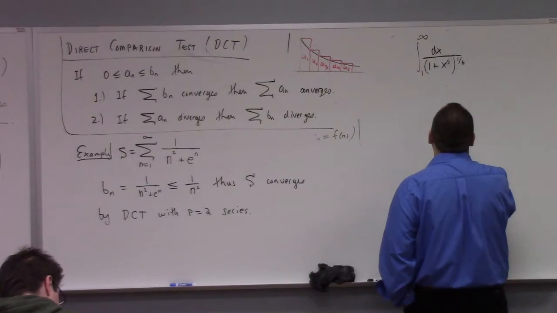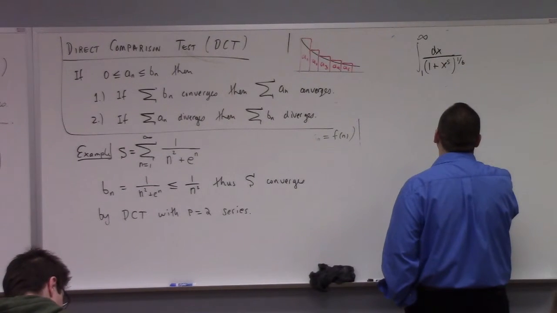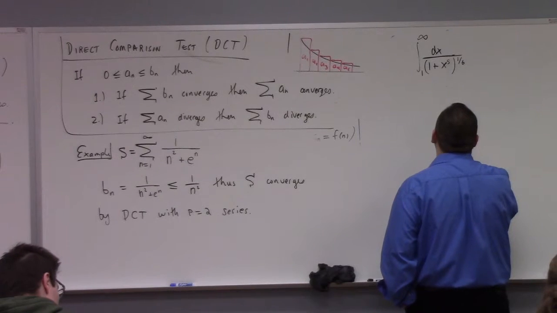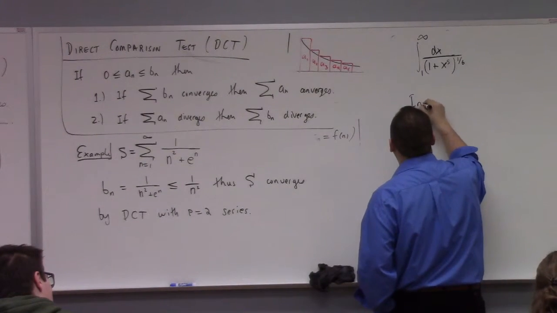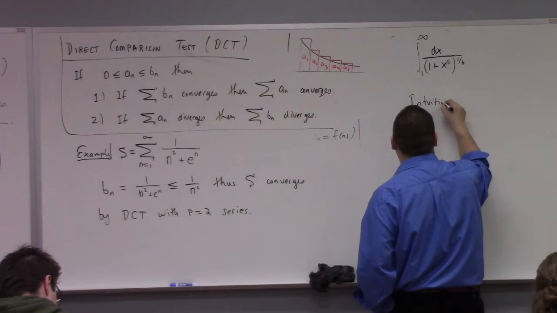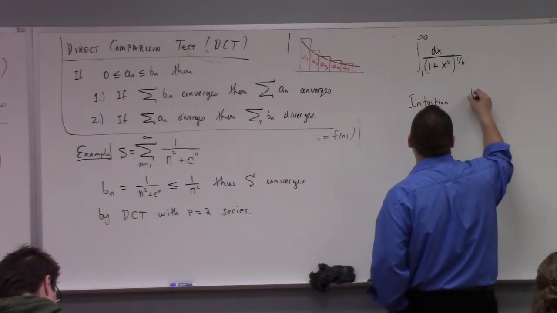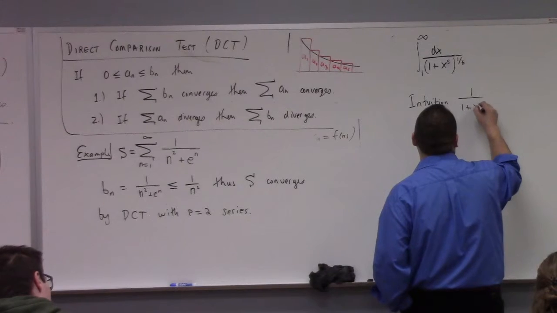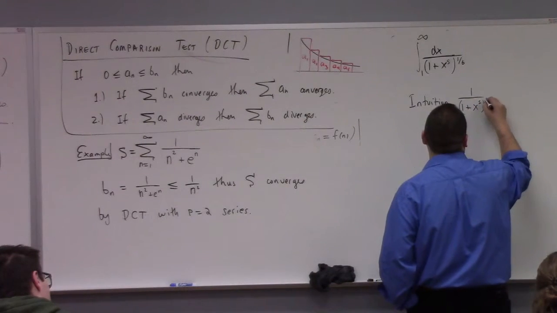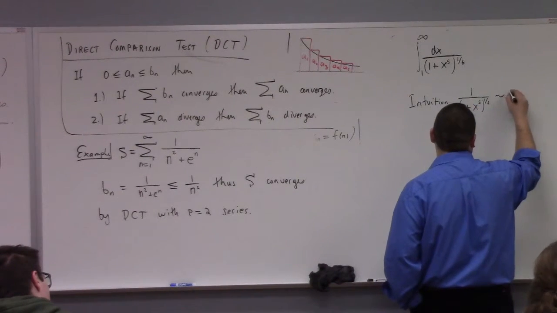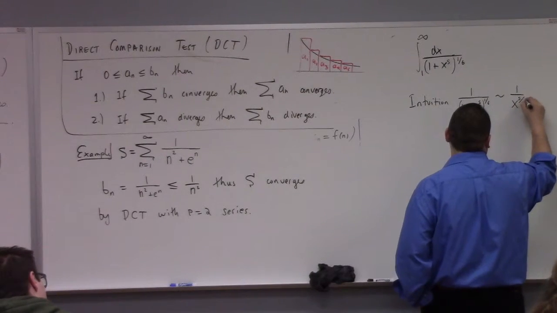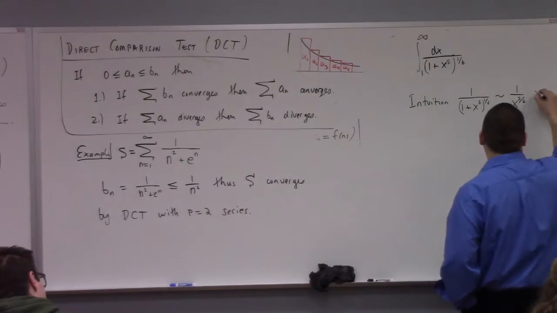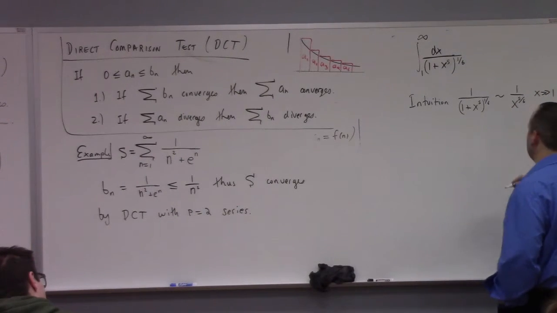Let's see here. So the intuition is what? 1 over the quantity 1 plus x to the 5th, to the 1/6 power, is sort of asymptotically going like 1 over x to the 5 over 6 for x much greater than 1, right?